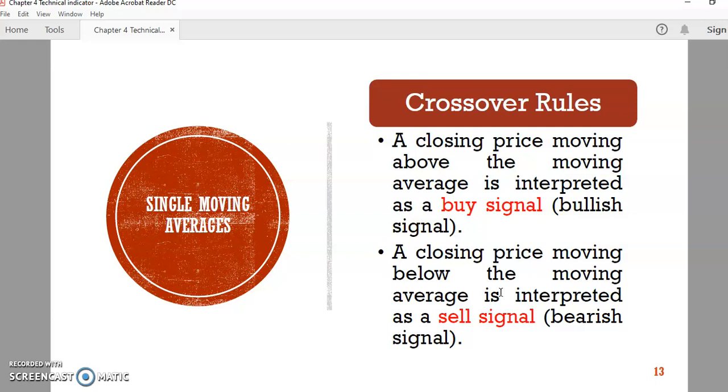A buying signal occurs whenever a closing price moves above the moving average, or whenever the closing price crosses above the moving average. That's a buying signal or bullish signal. The other way around, when closing price moves below the moving average, it is interpreted as a selling signal.